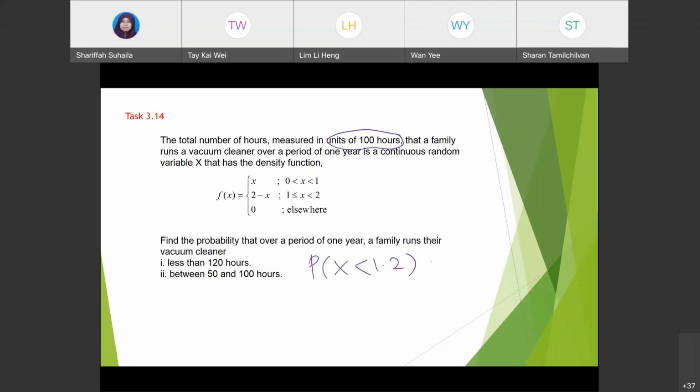Okay, so check the range. You want to find probability X less than 1.2. So that means you will have from 0 up to 1, X dx, and then you will have 1 up to 1.2, 2 minus X dx.